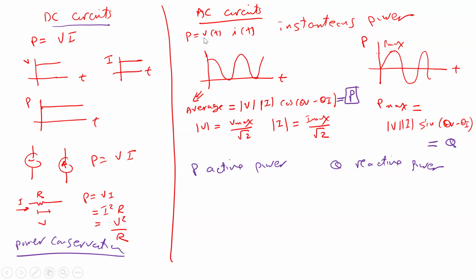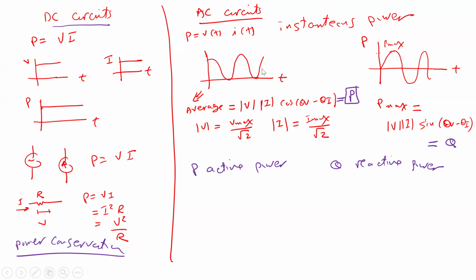What I did was just multiply V, the sinusoidal voltage, by I, the sinusoidal current, and then do some mathematical manipulation. So the power equals this component plus this component.